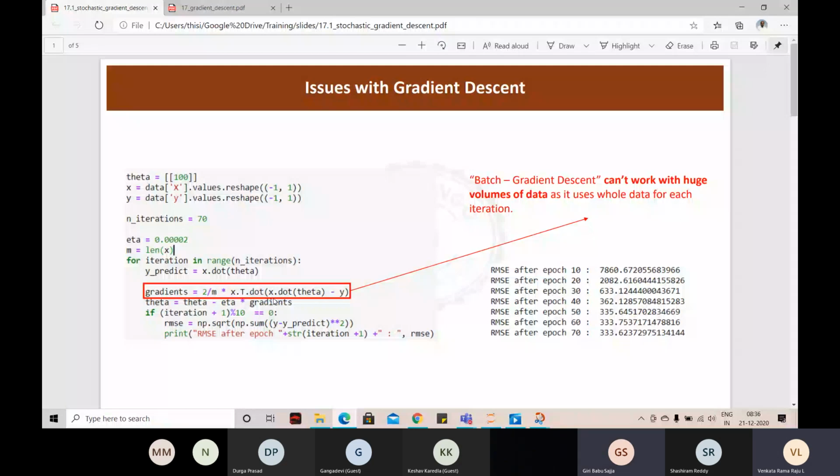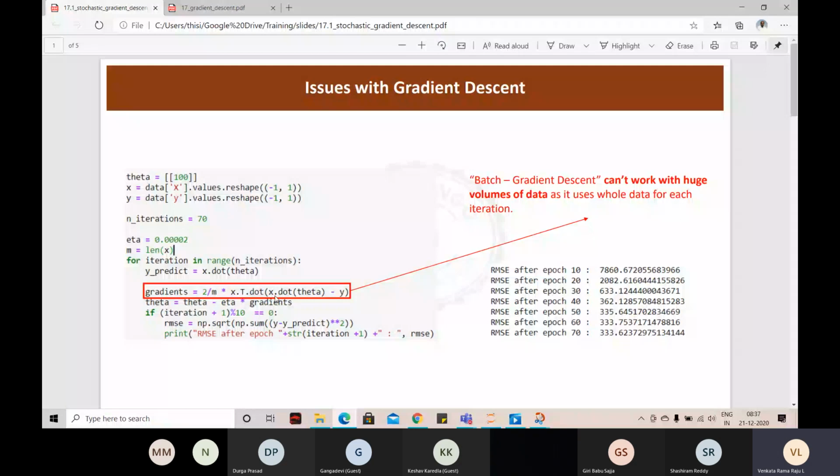Do you see the red box drawn around gradients? In that gradient box, in the 2 by m star, it is x transpose, then x dot theta. This is the NumPy array, so you need to do x transpose dot the multiplication of x dot theta. This x dot theta is predictions.